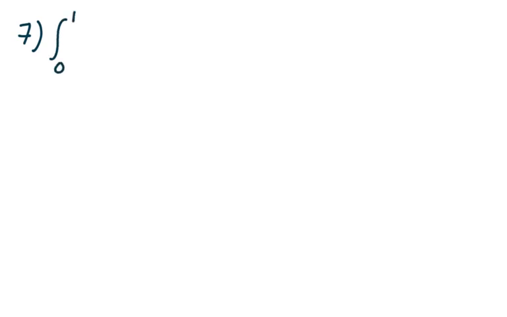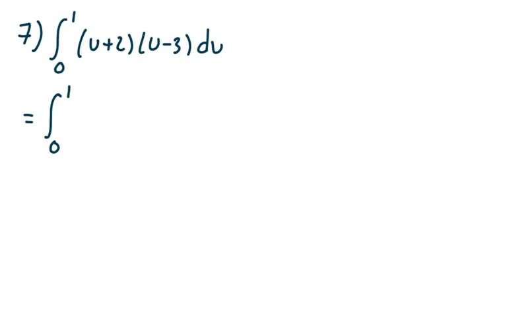Suppose I had the integral from 0 to 1 of u plus 2 times u minus 3 du. So the first step in this is we have to multiply this out. Okay. Now, u times u is u squared.